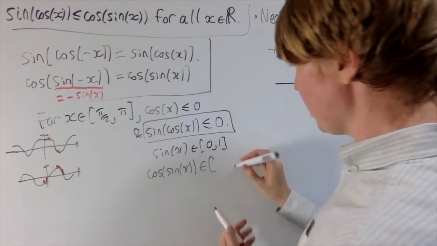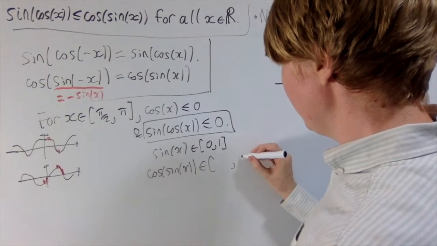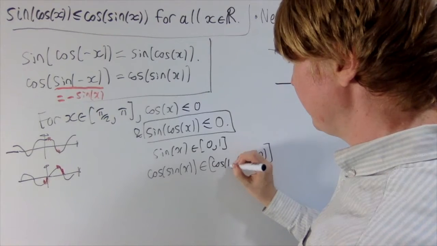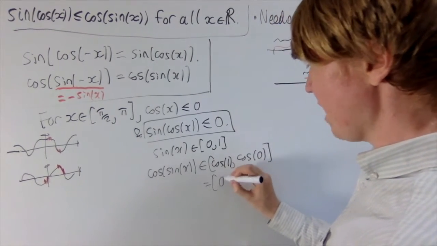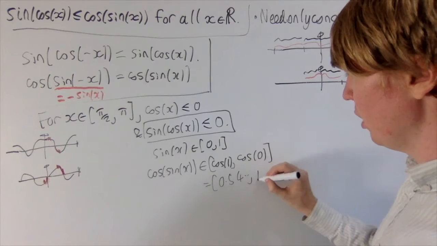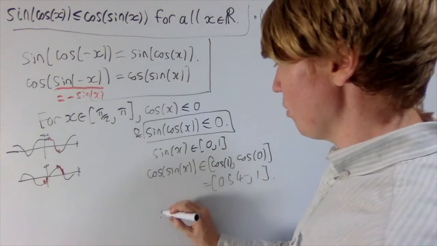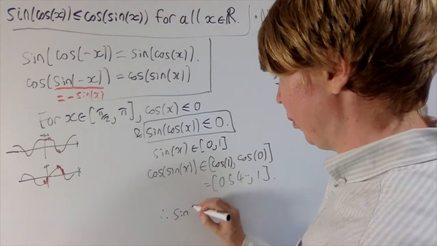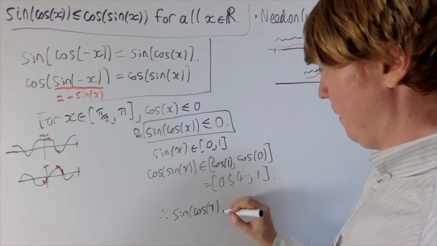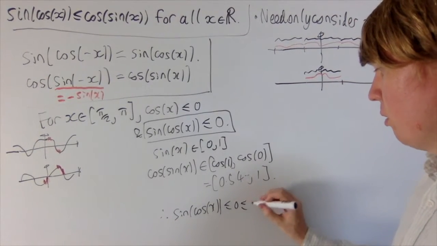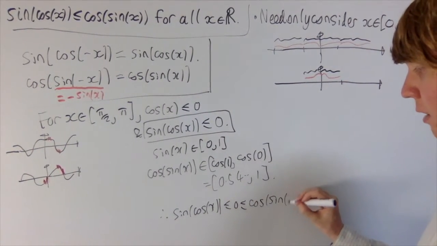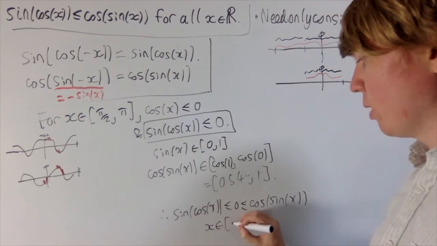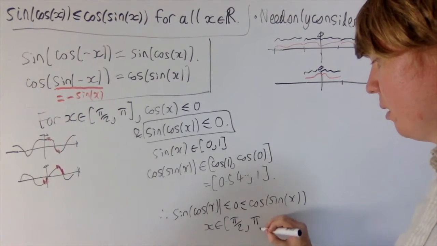So the largest value it takes is cos of 0, which is 1, and the smallest value it takes is cos of 1. So approximately, using decimals, this is about 0.54. This goes all the way up to 1. So therefore you can say sine of cos of x is less than or equal to 0, which is less than or equal to cos of sine of x. And this is for all x between pi over 2 and pi.